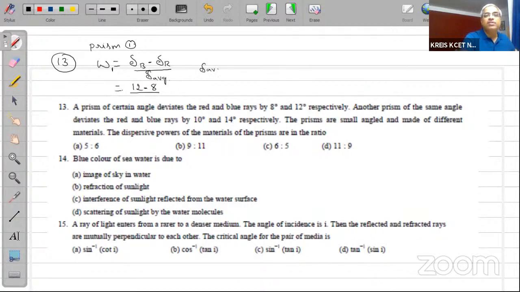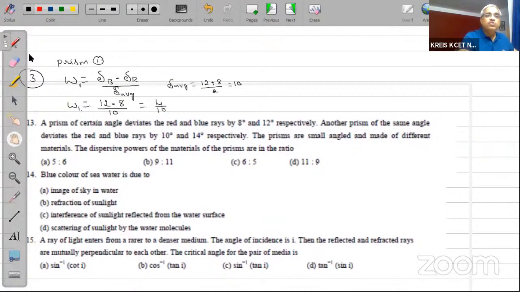How do we find the average? Very easy. 12 plus 8 divided by 2, that becomes 10. 20 divided by 2 will be 10. So 12 minus 8 divided by 10, this will be equal to 4 by 10. That's your omega 1.